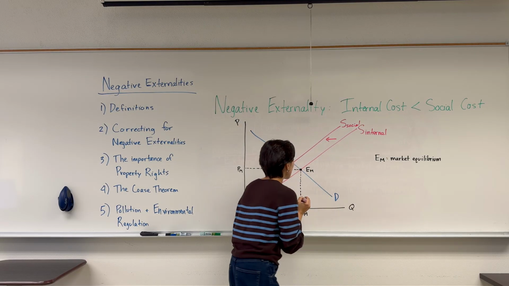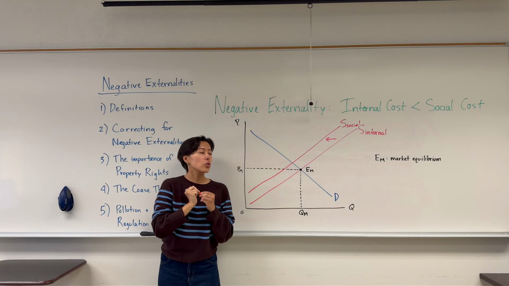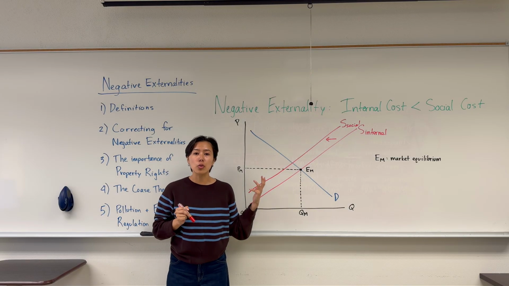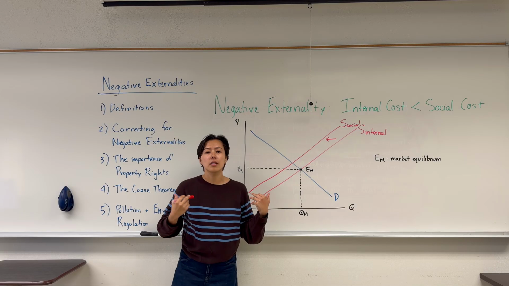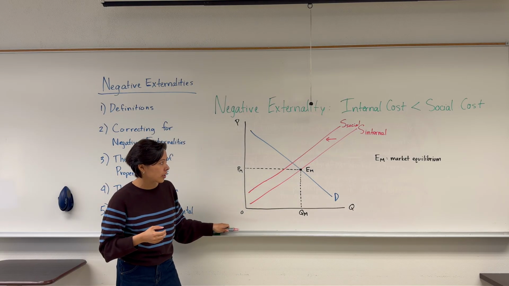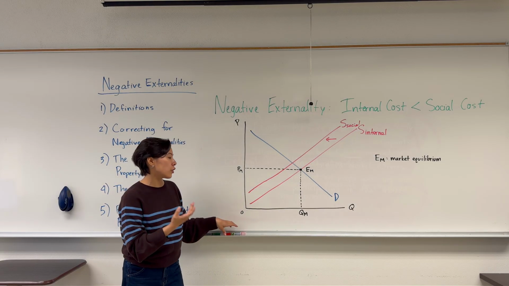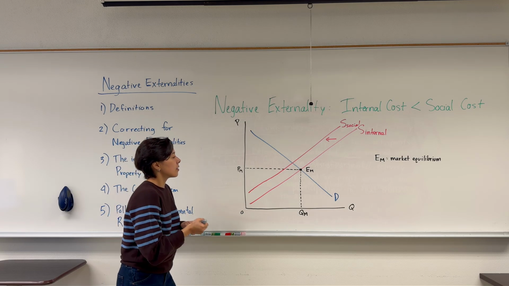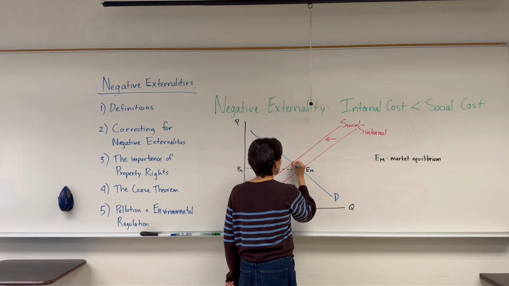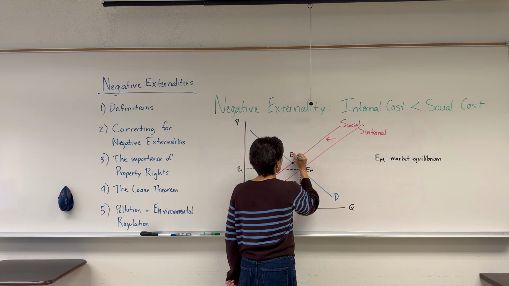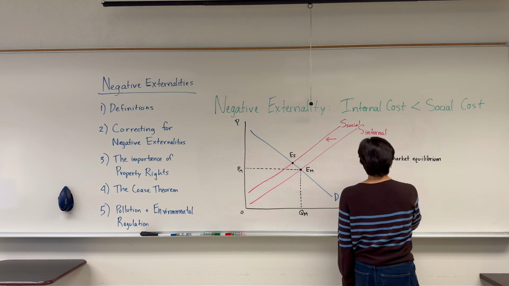So if some regulation forces me to observe the social cost or the external cost of my production with pollution, my supply curve is going to shift to the left. This brings us to a new equilibrium, which is our social optimum.